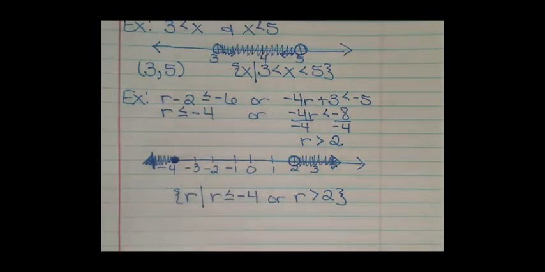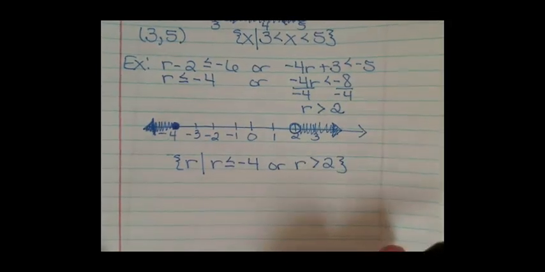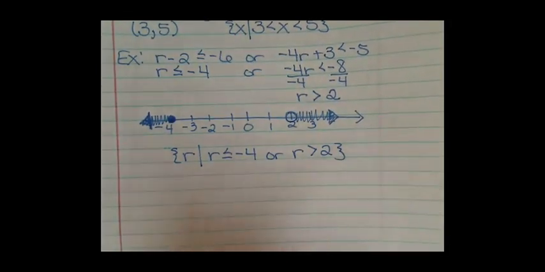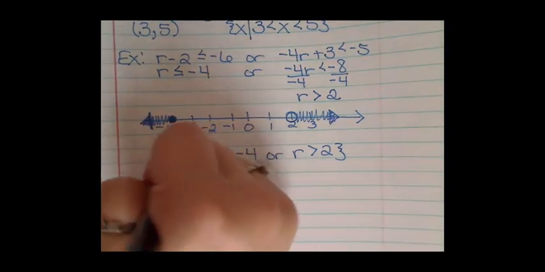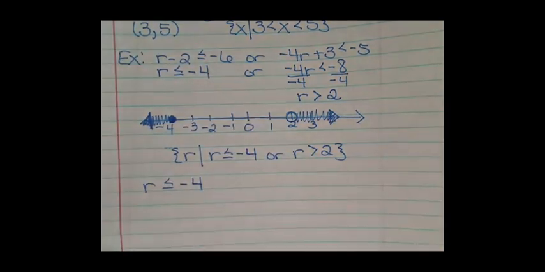Okay, if we were just looking at r is less than or equal to negative 4, let's do the interval notation for that. We would have the negative 4 is our big one, and we're going to use a closed bracket because it's less than or equal to, and then it can go all the way down to negative infinity.